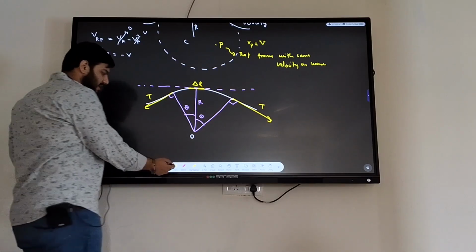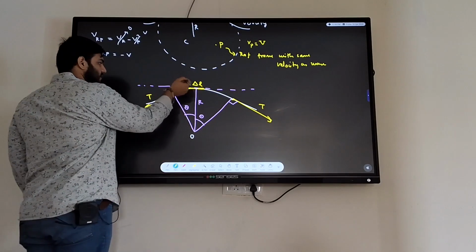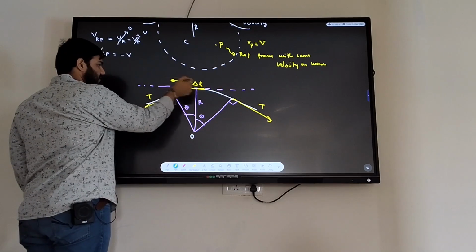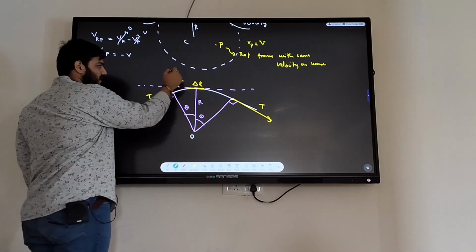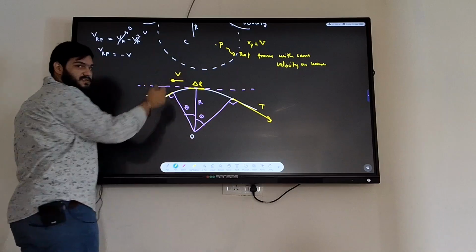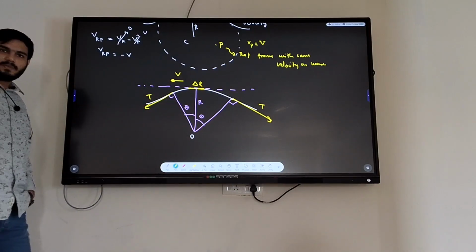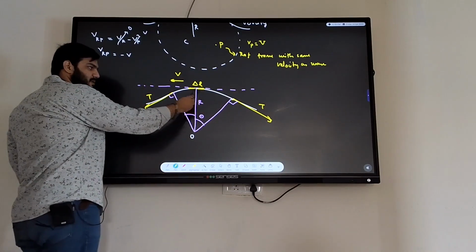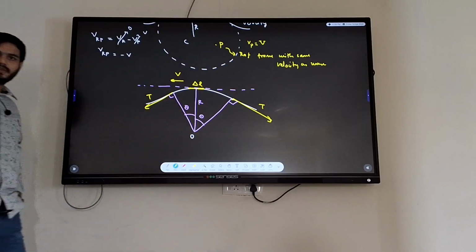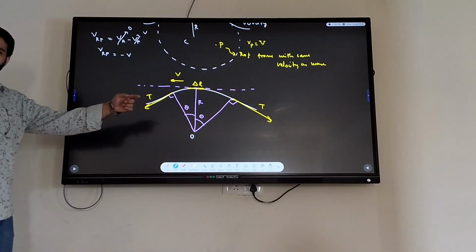Can you imagine that this element of the rope is moving in this direction with some velocity v? Then it looks as if it is performing a circular motion on that arc.